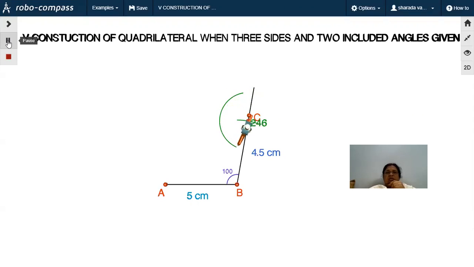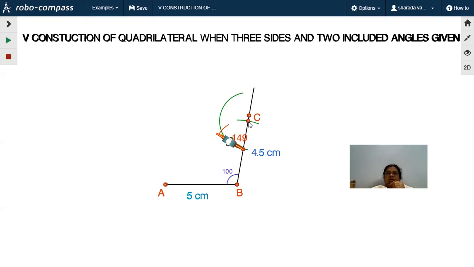Now here you have to make an angle of 75 degrees. For that you have to take an arc like this. The length of BC is 4.5 centimeters, so you have to take less than half. Here I have taken almost 2 centimeters radius.